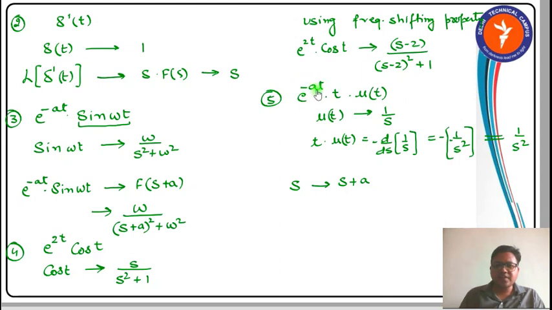The negative of minus a is plus a, so now I will replace s with s plus a in the above function. So the Laplace transform of e raised to power minus at into t u(t) will be equal to 1 by (s plus a) whole square.